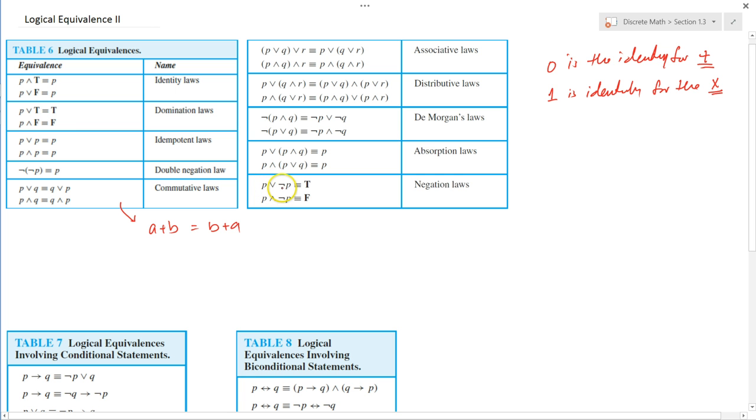So P or not P is always true, and P and not P is always false.